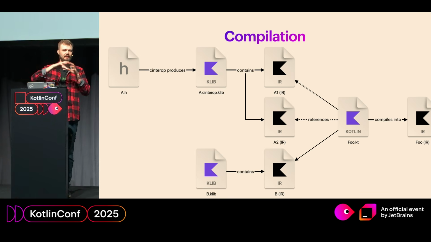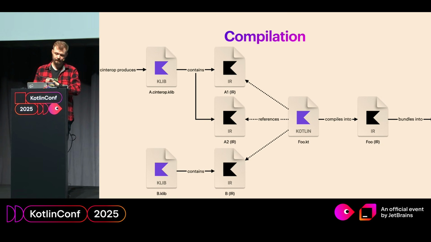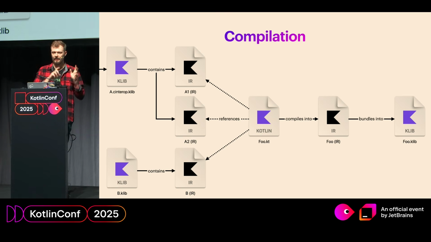Those are the representation of Kotlin classes and the Kotlin representation of the C declarations. We build our Kotlin into IR, and then in turn, we take the IR and put it into klib again. So this is the compilation process.